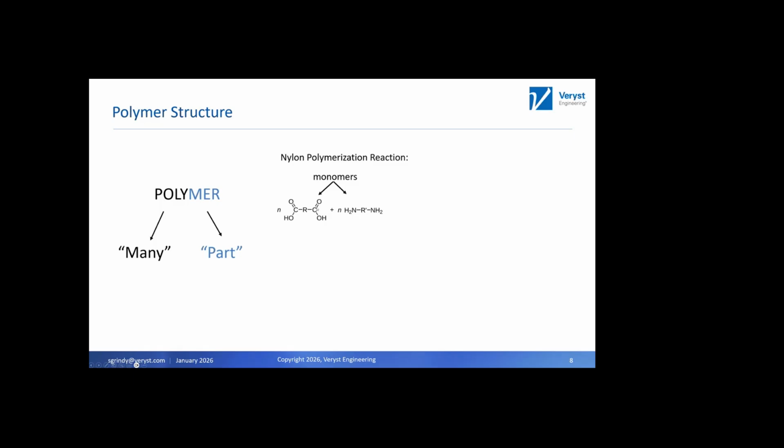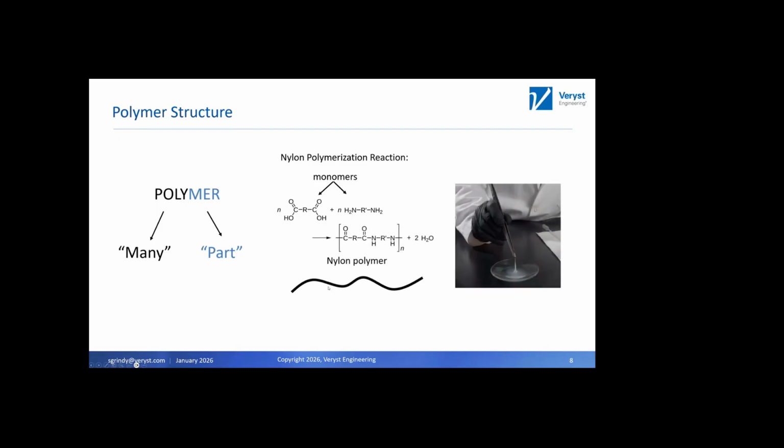You notice that there are functional groups on both sides of each one of these molecules, and we're going to make these really, really long chains where you have this repeat unit that is the core element of the nylon. Both of the original components are liquids, but when we get this polymerization reaction, that's when we start to get that more solid polymer.